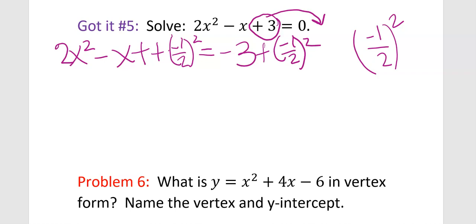So with this one, I'm going to have a, and should we have taken that 2 out? I probably should have, because if we don't, they're not going to be the same.